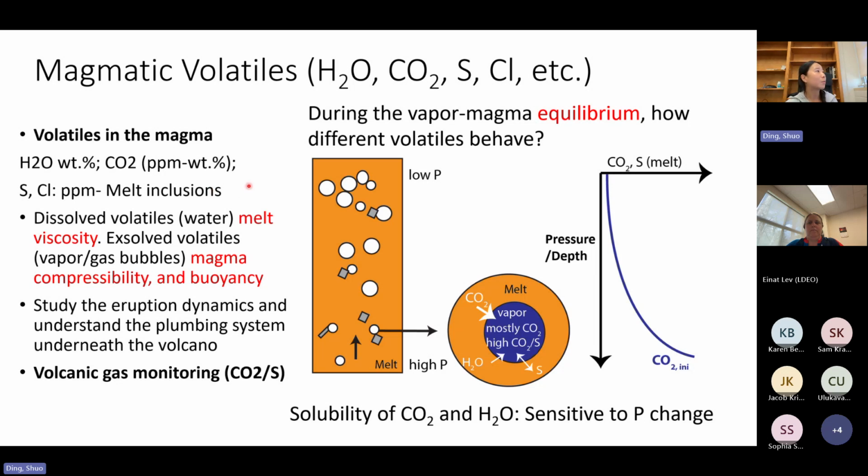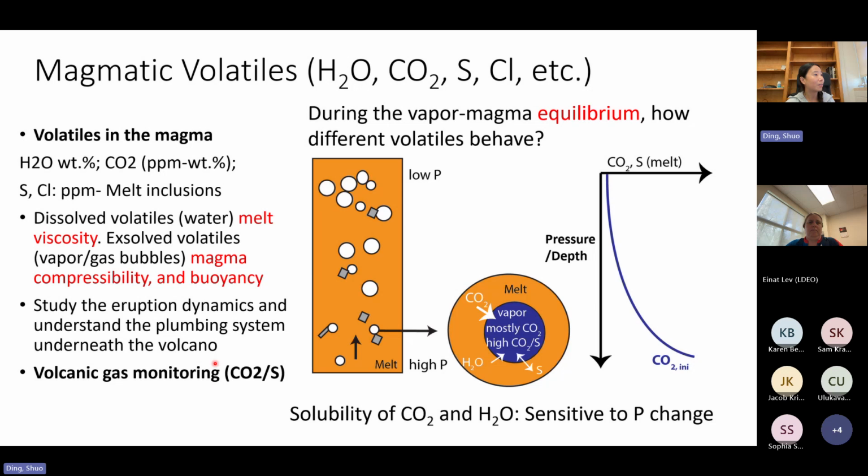The reason we are interested in volatiles is that dissolved volatiles, for example water, can have a significant impact on melt viscosity, and the formation of vapor bubbles can really affect the magma compressibility and buoyancy. Therefore, studying volatiles is really important to understand eruption dynamics, and it's also very useful to understand the plumbing systems underneath volcanoes.